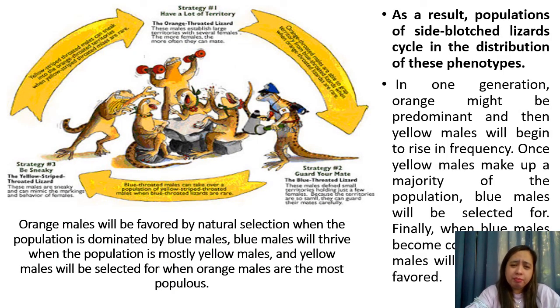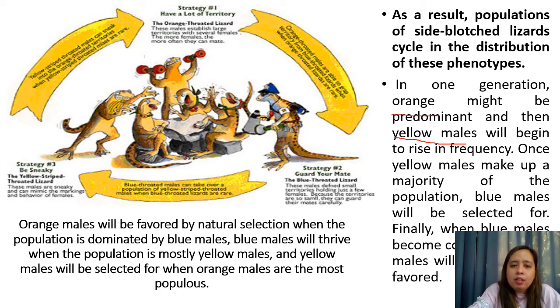So here, as a result of a side-blotched lizard cycle in the distribution of these phenotypes, in one generation, orange might be the predominant. And then, dahil nakakasingit nga si yellow males, then si yellow male naman ngayon begins to rise in frequency because si orange lizards or orange throat lizards, they're the biggest one.